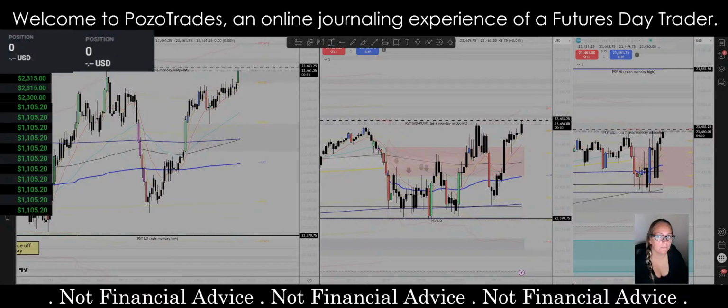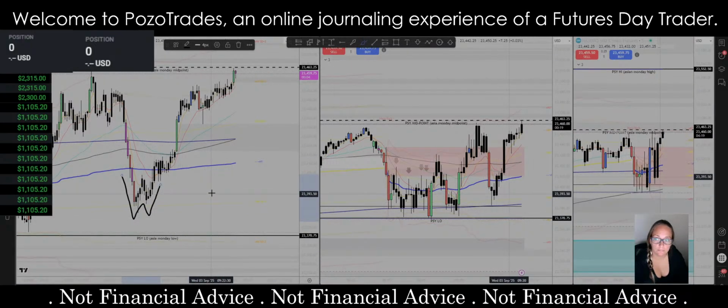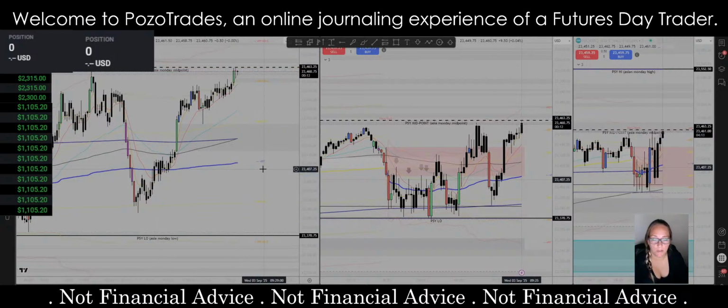There it goes. I should have trusted this W structure I was in. Just ran my stops too tight. That would have been a nice trade.